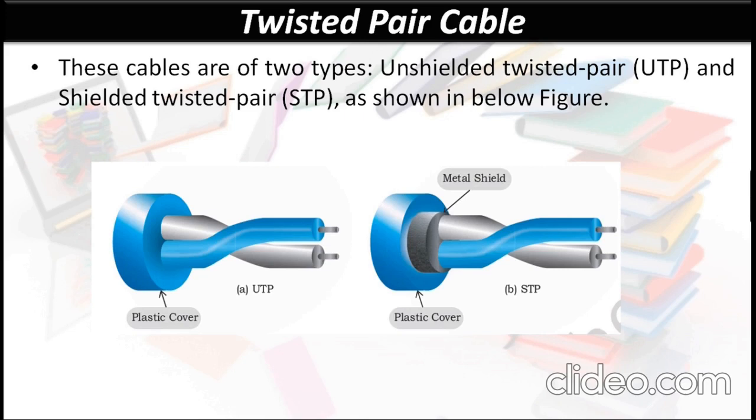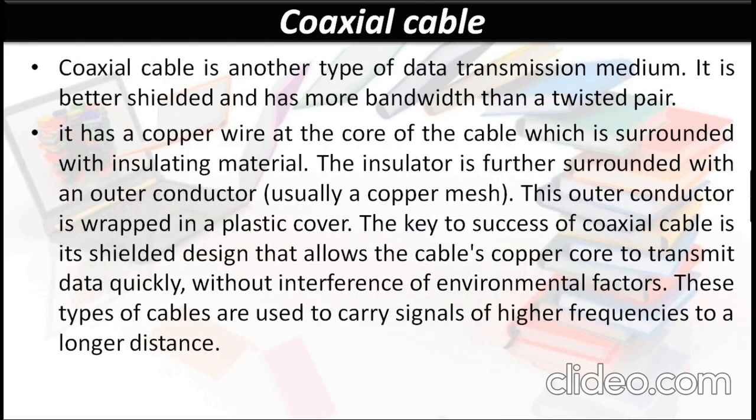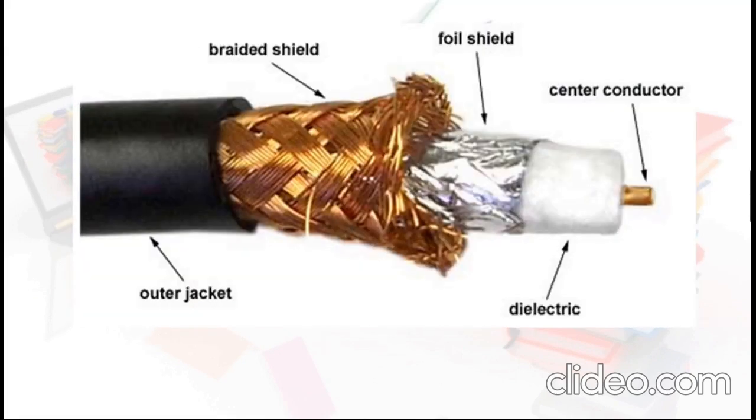Coming to the coaxial cable, it is also called coax. When we see this figure, there is a center conductor, that is a copper core, and thereafter there is a dielectric, that is insulating material.